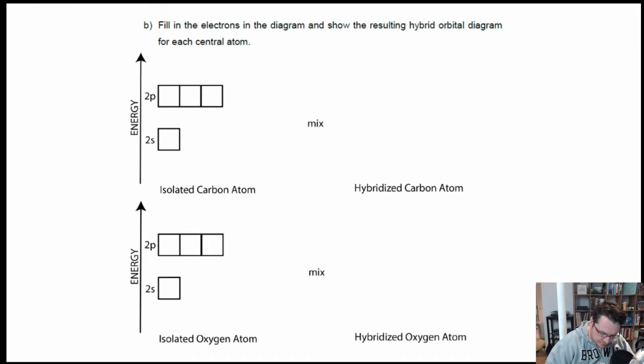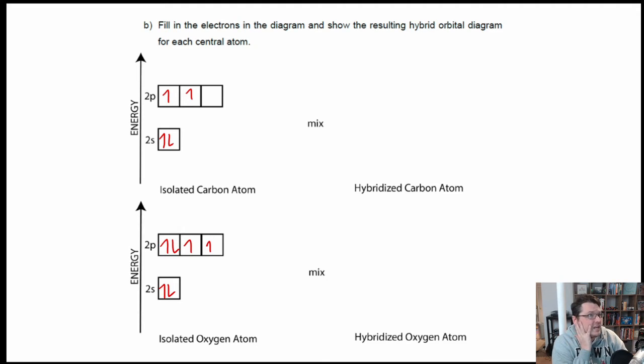In our cases, if we go through this right here, we fill in the electrons in the diagram and show the resulting hybrid orbital diagram for each atom. If we look at the carbon atom and we fill these in, we have 4 electrons total. So we're going to have 2 in the 2s and then 1 each in the 2p's, all alone. If we go to the isolated oxygen atom, what we have here is 2 in the 2s and then 1, 2, 3, 4 electrons in the 2p, where one set is paired up and you have 2 that are by themselves.